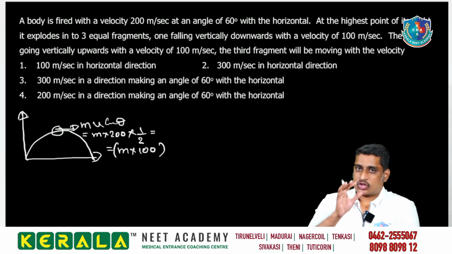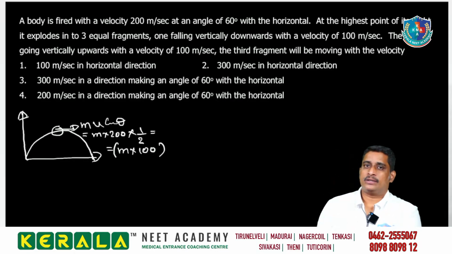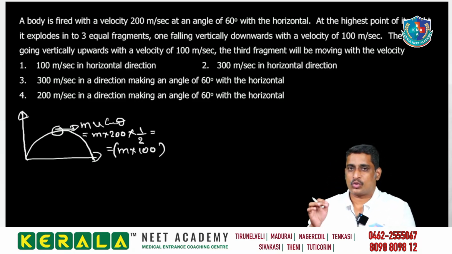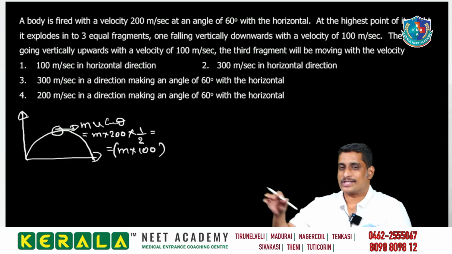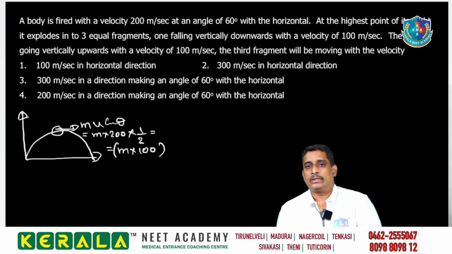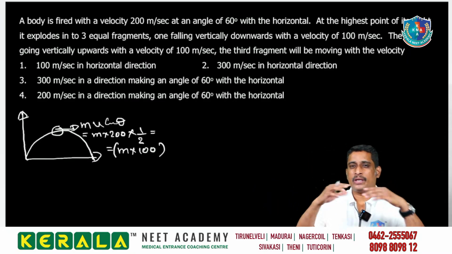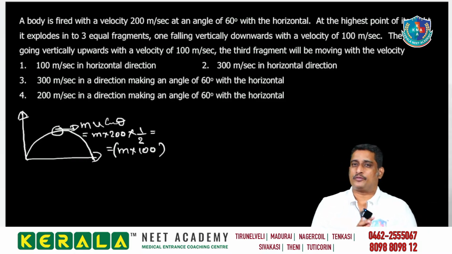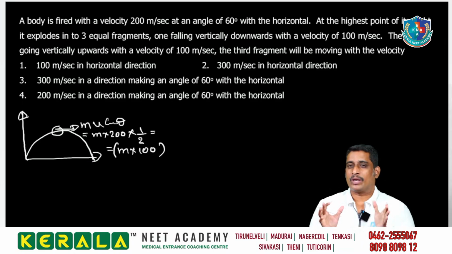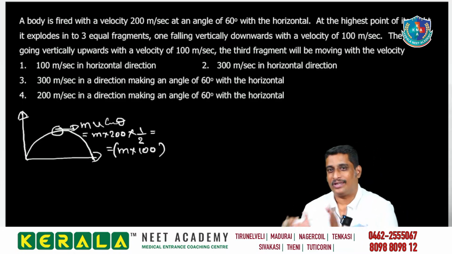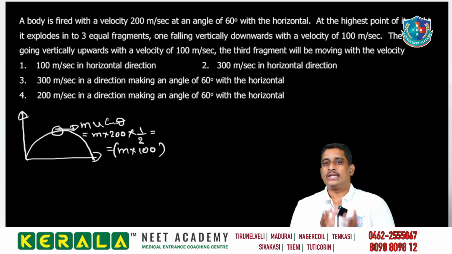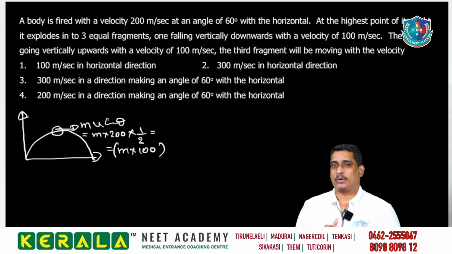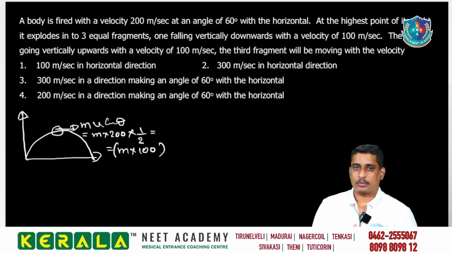So before explosion, at the highest point, the total momentum of the system of that bomb is m into 100 units along positive x-axis. That bomb may be exploding into any number of fragments. The total momentum of all the fragments should come out to be along positive x-axis only in order to conserve the momentum. In this particular example, that momentum will be conserved just before explosion and just after explosion only.